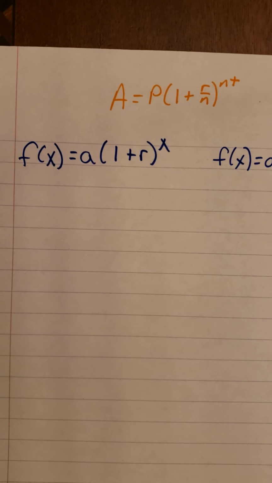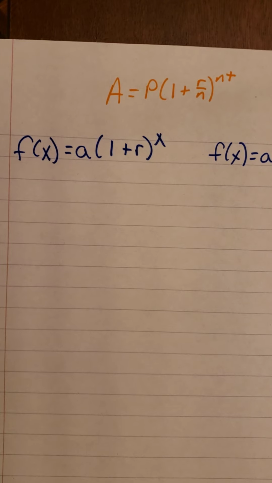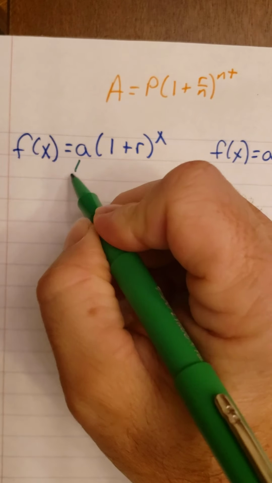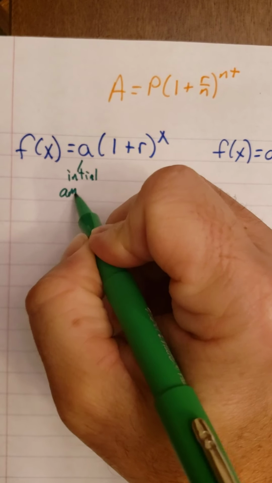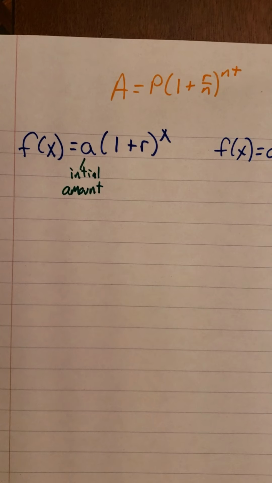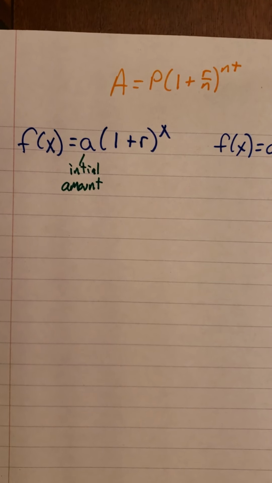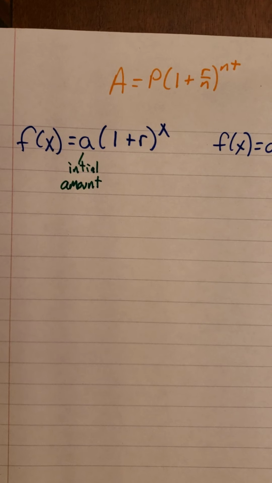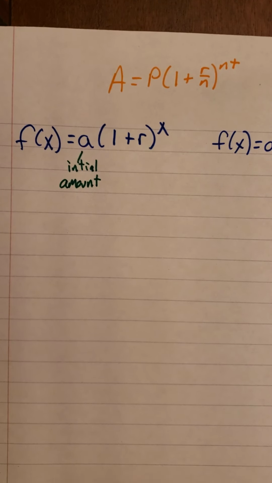For exponential growth and decay, there's a couple letters that you have here. A is going to be the initial amount. For the initial amount, it could be the initial amount of money, it could be the initial amount of people, it could be the initial amount of bacteria, anything. So whatever you're starting off with, this is where you're looking at.